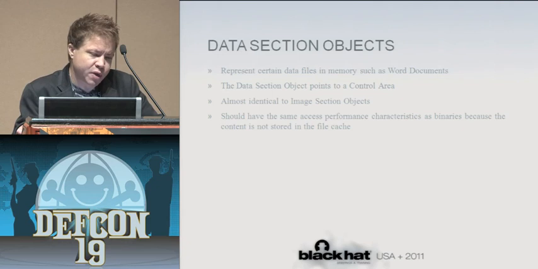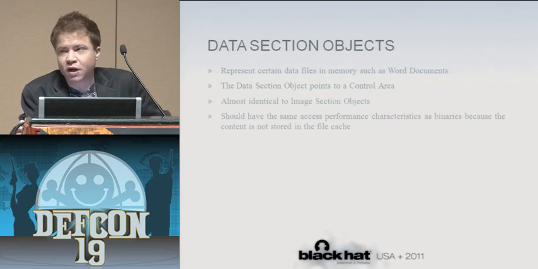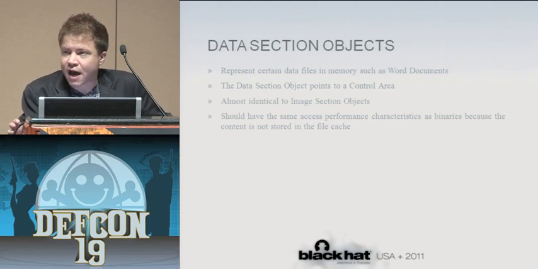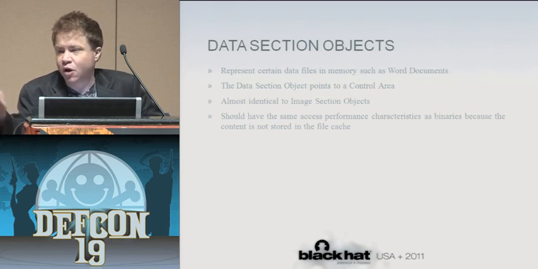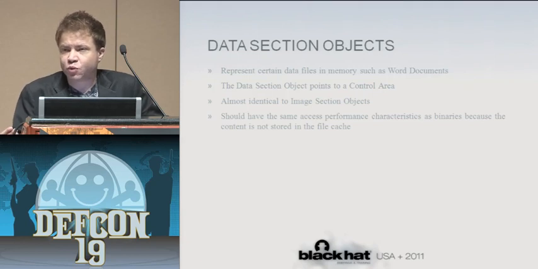But basically, since they're the same, a data section object and an image section object, they point to the same structures, we can surmise that the data access for a Word document would be just as fast as any data access or code access in this case for an image section object. So Word documents are going to perform as well as EXEs, right? Because their structures are the same.